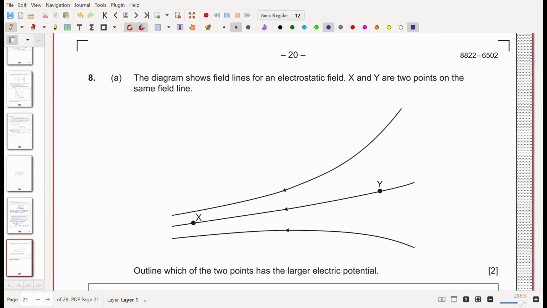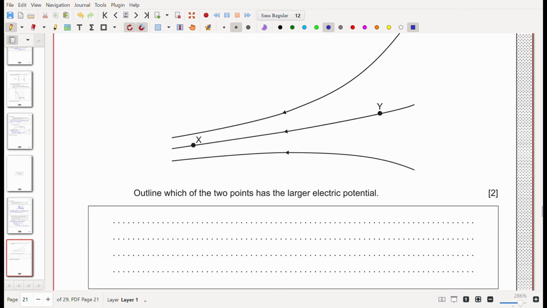The diagram shows field lines for an electrostatic field, and X and Y are given as 2 points. Our first question here is, which of the 2 points has a larger electric potential?